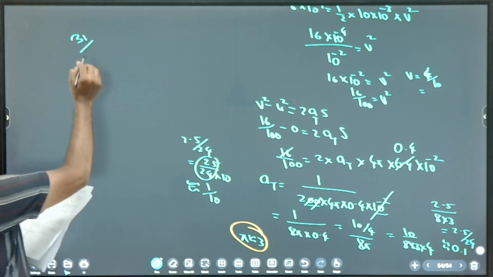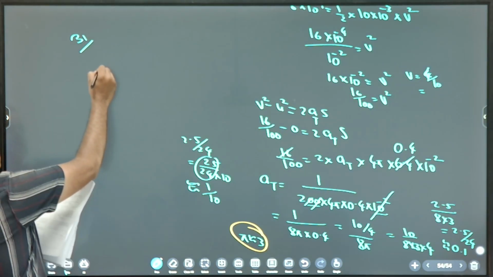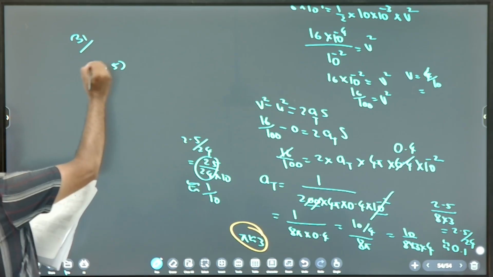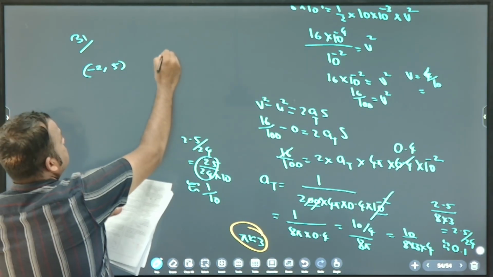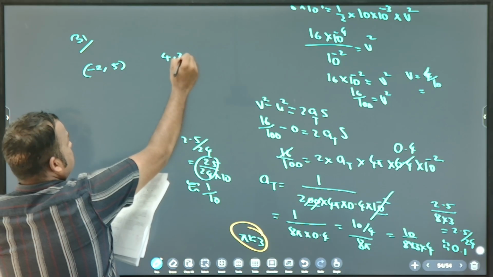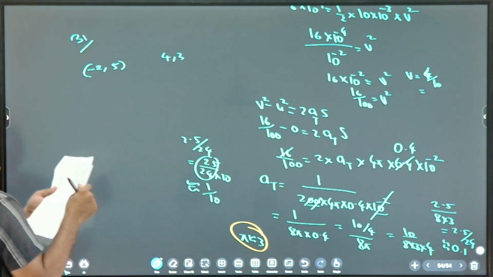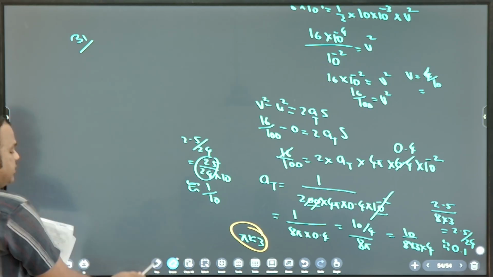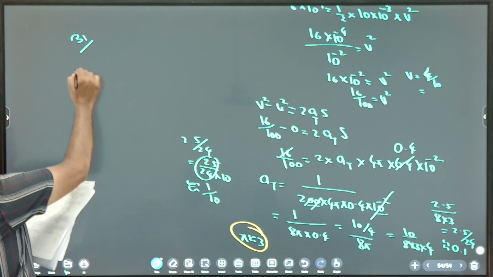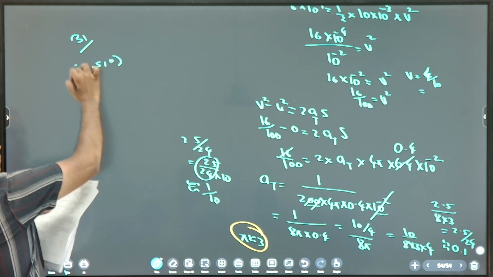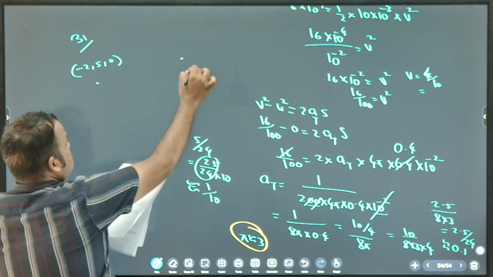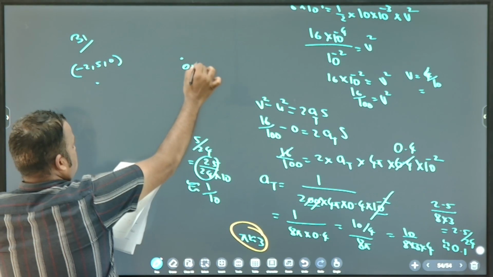Okay, 31. Initially it is at minus 2 comma 5 and finally it is at 4 comma, what is 3D? Okay, it is 3D, x y z, all three are there. So minus 2 comma 5 comma 0, and finally it is going to 0 comma 4 comma 3.